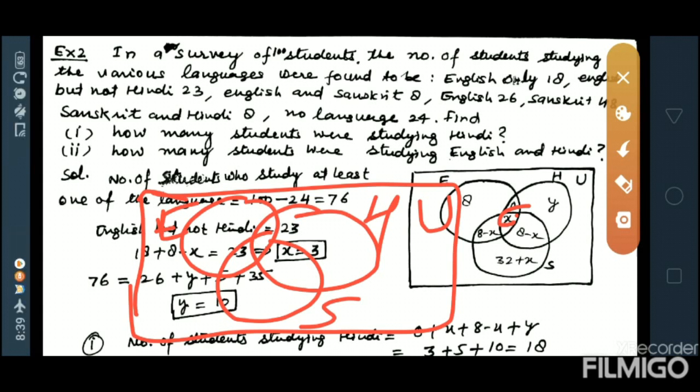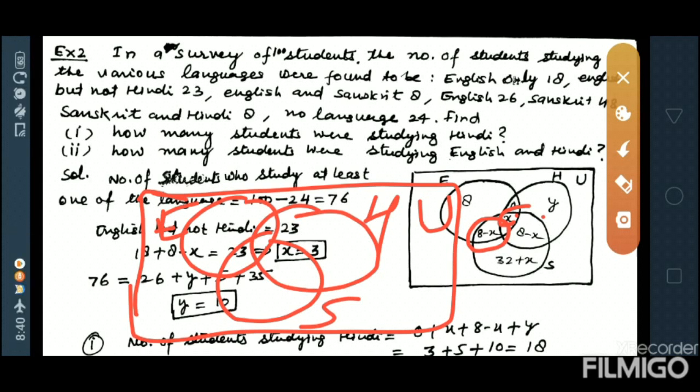Now the total number of students who study English and Sanskrit is 8. That means this will be 8 minus x, because it is total 8, so this x will be subtracted to get this 8 minus x.